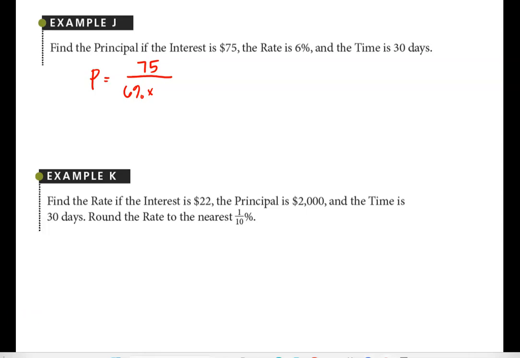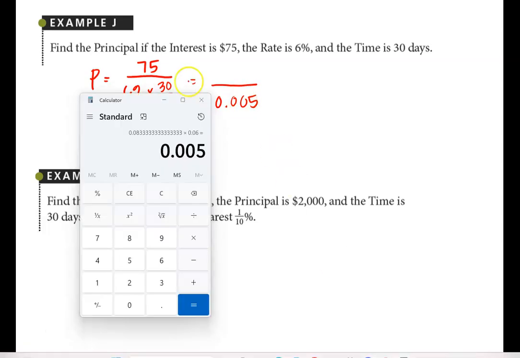That's 30, and here I'm going to use ordinary interest, so over 360. It's important that you calculate your denominator first. So 6% times 30 over 360 is 0.005, and I'll just double check my calculator, which it is.